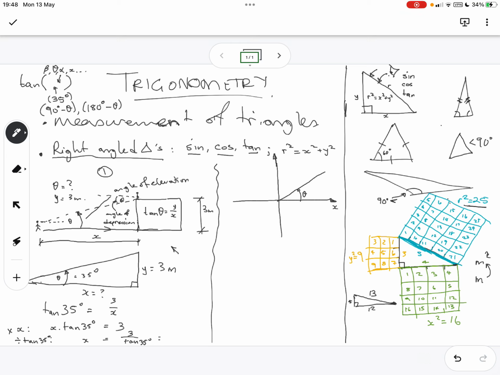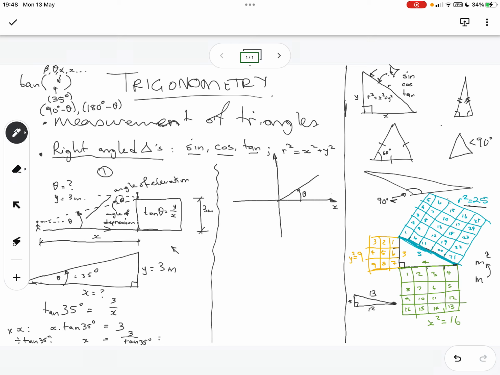The angle formed between is still called an inclination angle. The same terminal line forms theta with the positive x-axis.